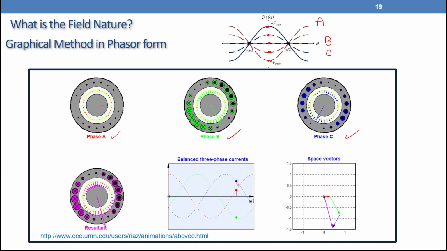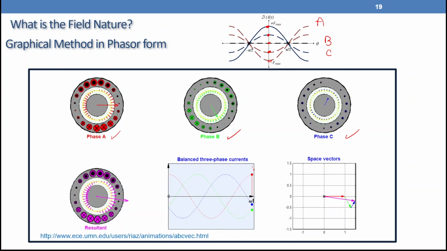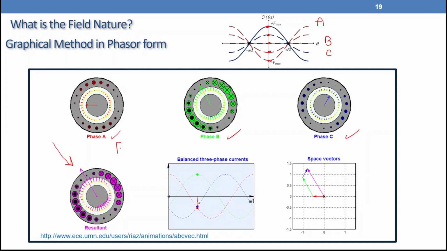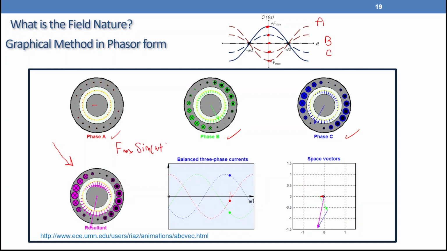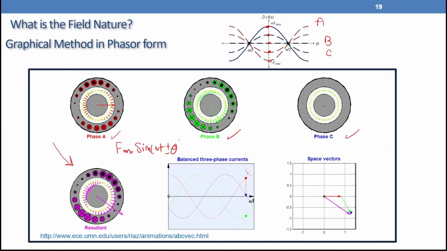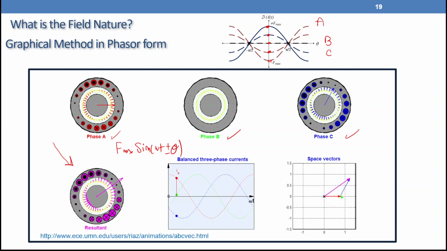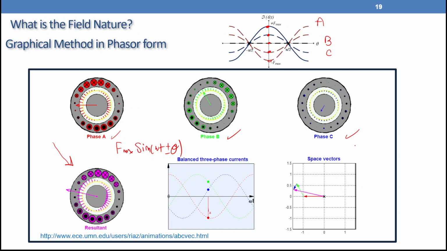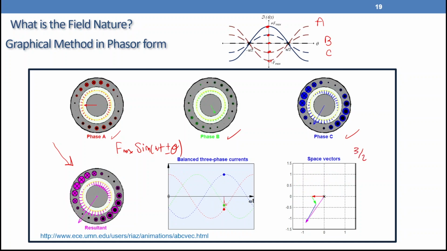When we combine them together in the same magnetic circuit, we have a rotating field with the equation F maximum sine of omega t plus or minus theta. F maximum here will be 3 over 2, as you can see, 1.5. So 1.5 equals 3 over 2, and 3 because we have 3 phases.